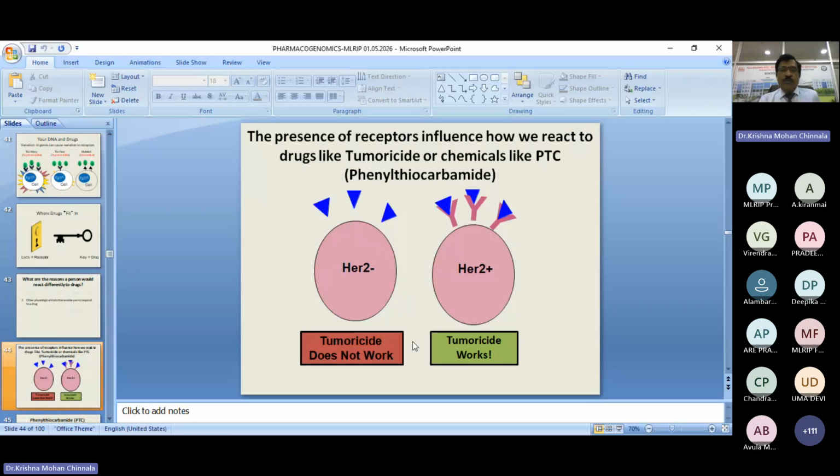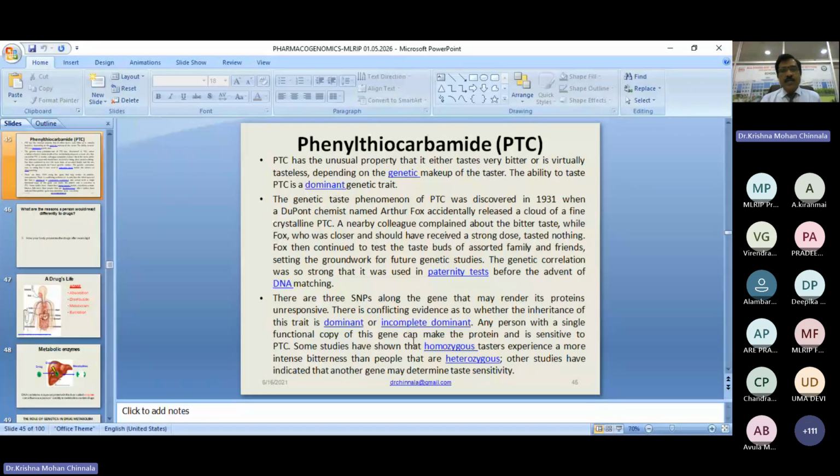So phenylthiocarbamide is an example. So here is a story. What happened? This one scientist in the lab, while transferring this phenylthiocarbamide into another container, it fell on his tongue and the adjacent scientist's tongue also.